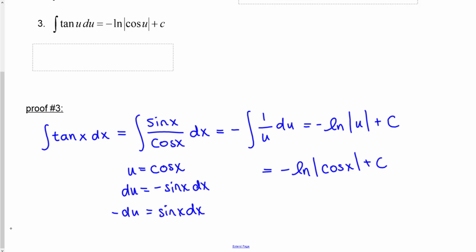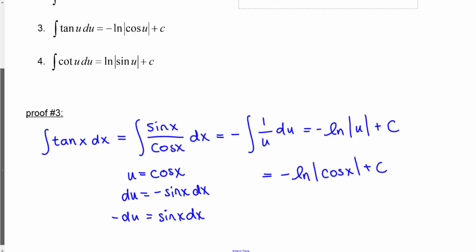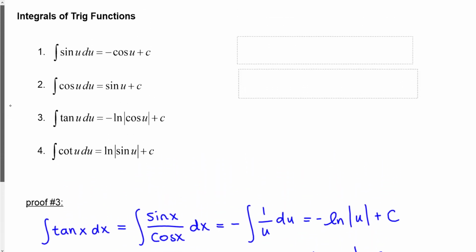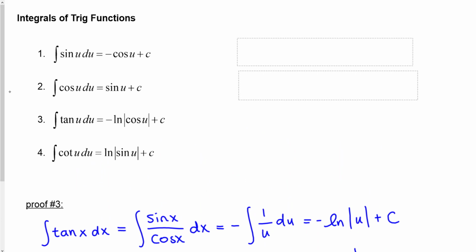Its partner function is similar. The proof is extremely similar as well, so I'm not going to work through it. But we do have one other set of functions to look at. That's the integral of secant, which ends up being the natural log of the secant of u plus the tangent of u, which I'm not going to prove because it's not much different than the proof that I just gave you.